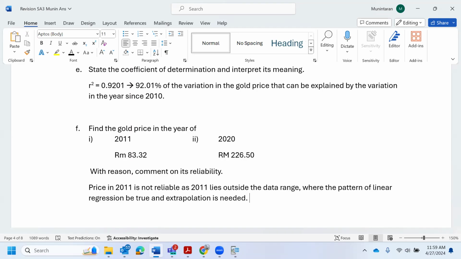So it is important for you to mention the pattern may not follow, the pattern may not be true, the pattern may not be the same. Okay, we are not aware.